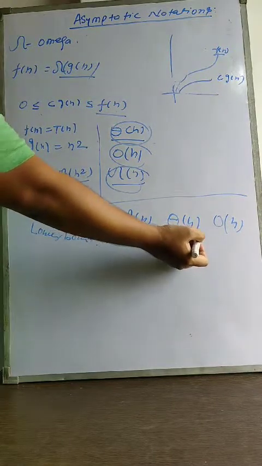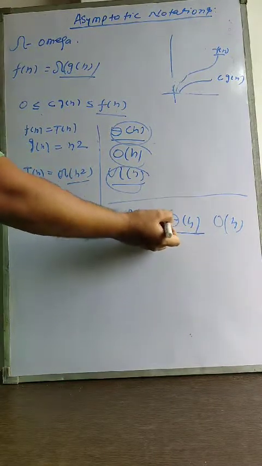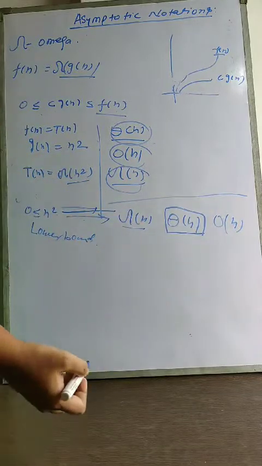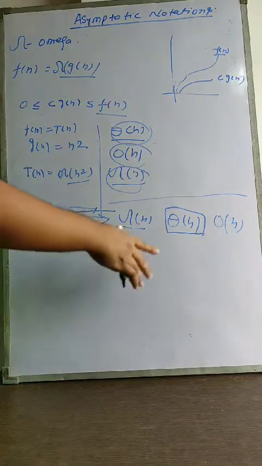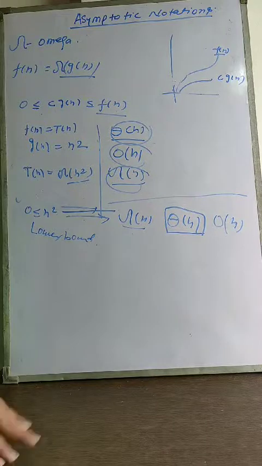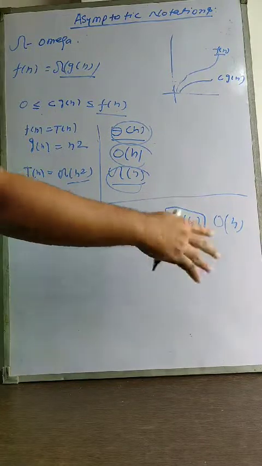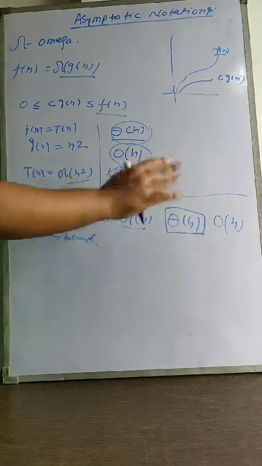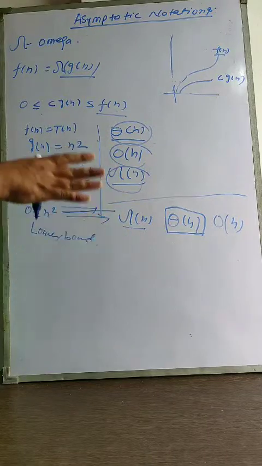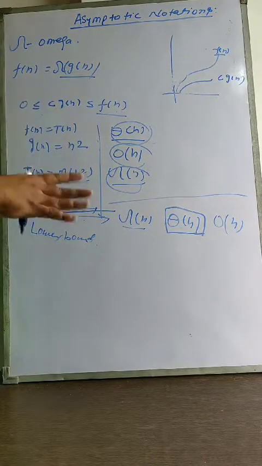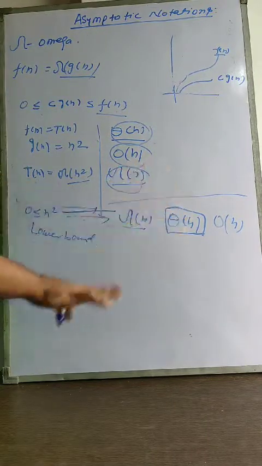If you say that your complexity is theta of n, then this will give the exact understanding about your algorithm. It means your algorithm will be somewhere around theta of n in all cases: average case, worst case, and best case. Every time it will be theta of n.